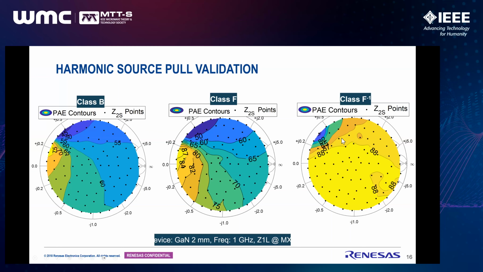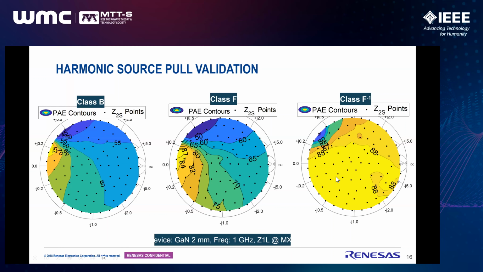It's literally telling inverse class F is more immune to the second harmonic source termination, but still there is a region where efficiency still tanks. So that's why you still need to be very careful to avoid that small region so that you don't end up trapped into that bad region for inverse class F.